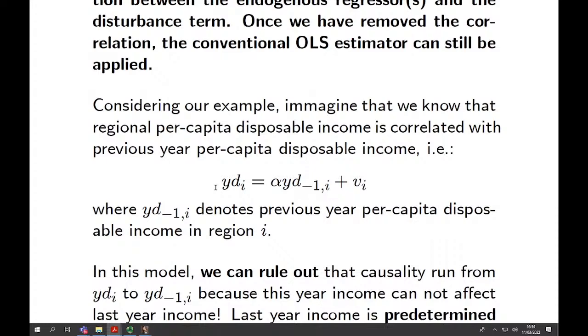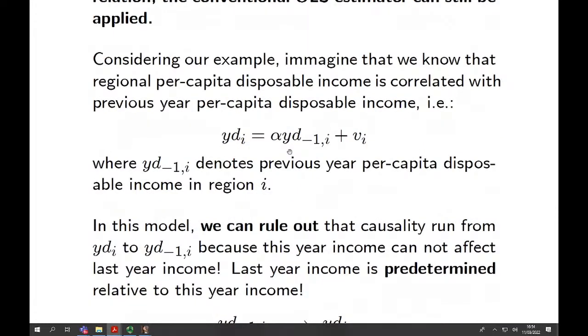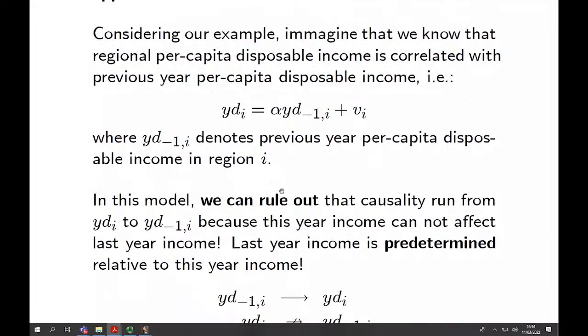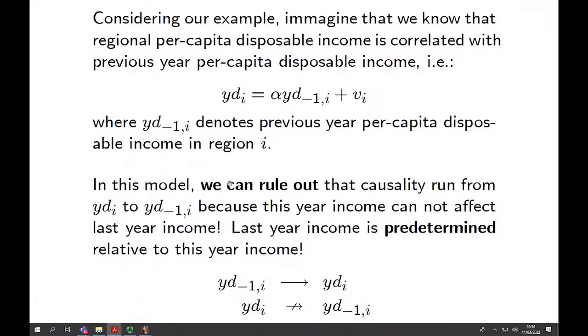Now, if this model is true, let's think about this equation. We can't rule out causality running from disposable income of 94; causality in this model runs from the past to the present. Disposable income in 94 affects disposable income in 95, but the other way is not true, you understand?